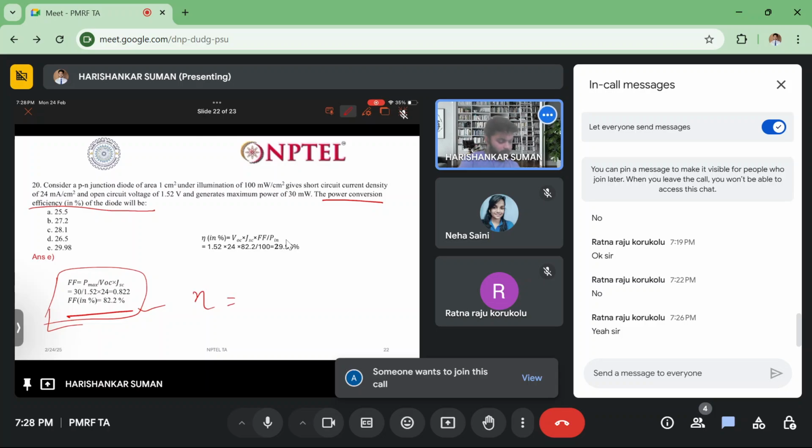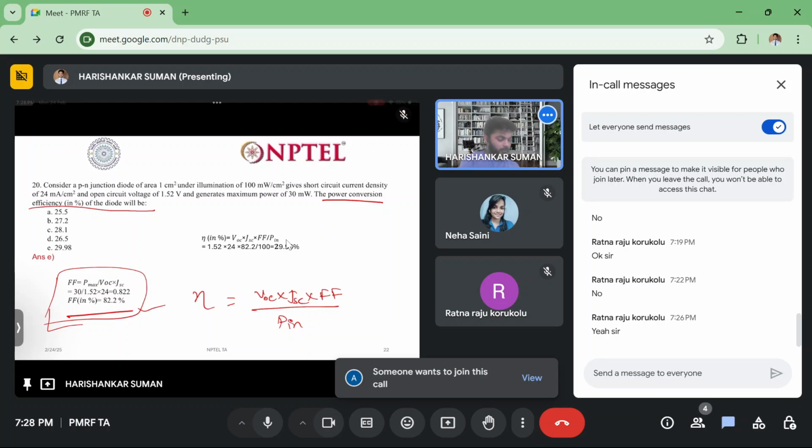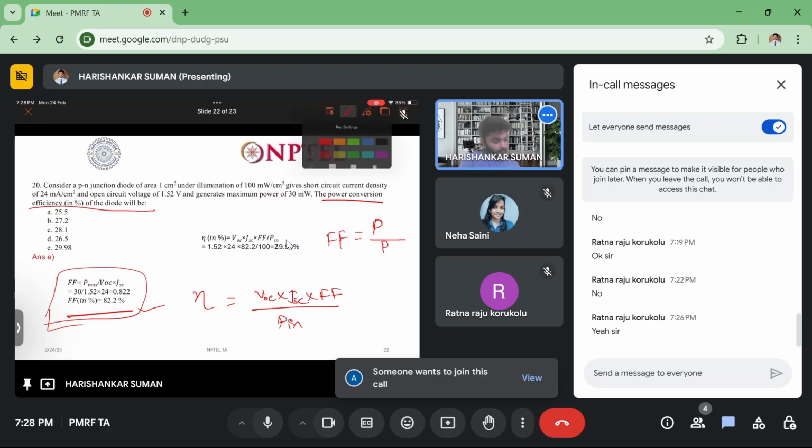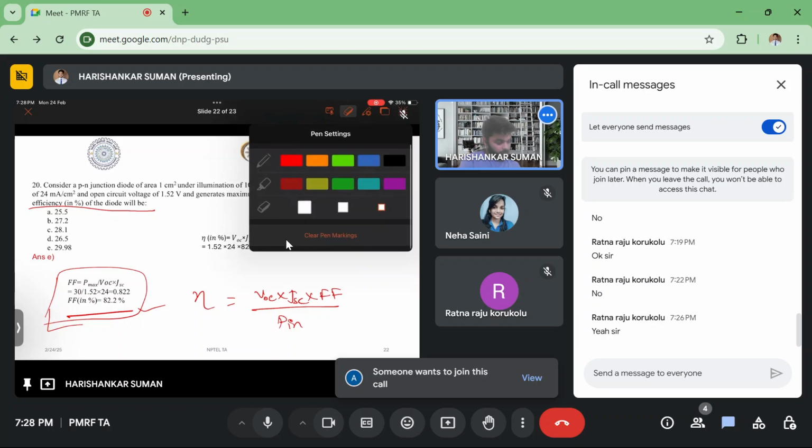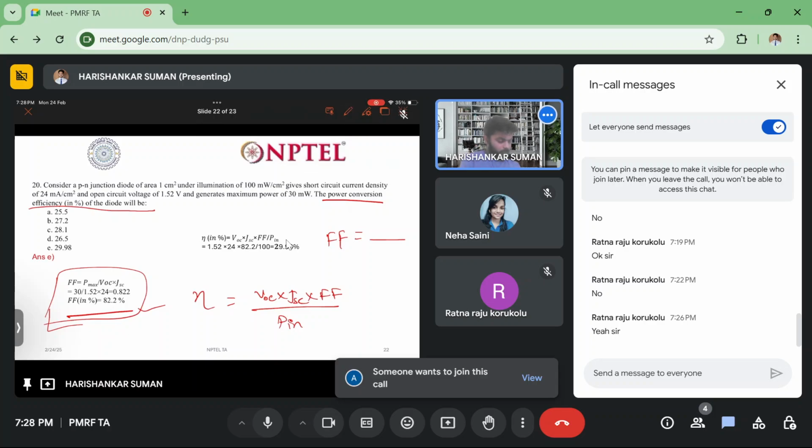Eta, what is this? VOC JSC into fill factor upon P input. You know FF, power extract from the real, VM JM upon VOC into JSC. This is output power.